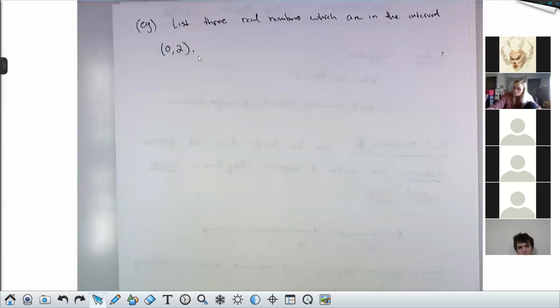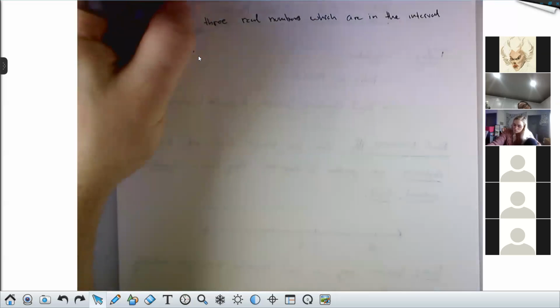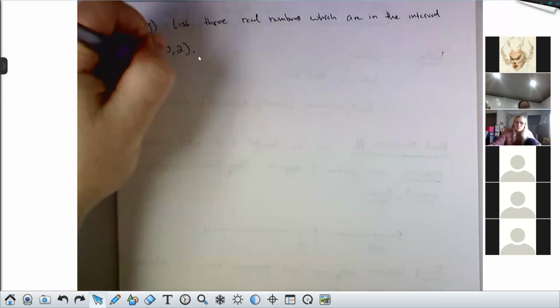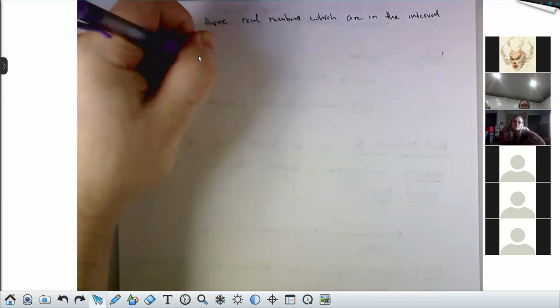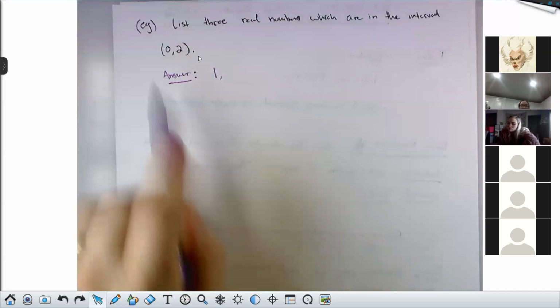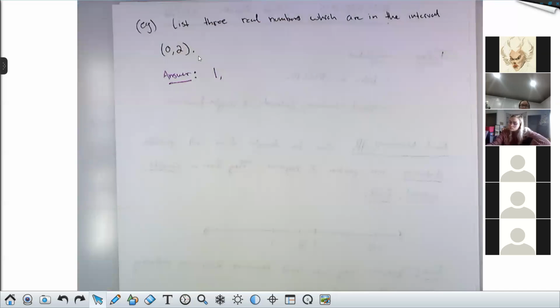Is it 1? Certainly 1 is in there. Yep, strictly between 0 and 2. 1 is a number that is between 0 and 2. What other numbers are between 0 and 2? Just give me some examples. There's lots and lots of them. 1.5.